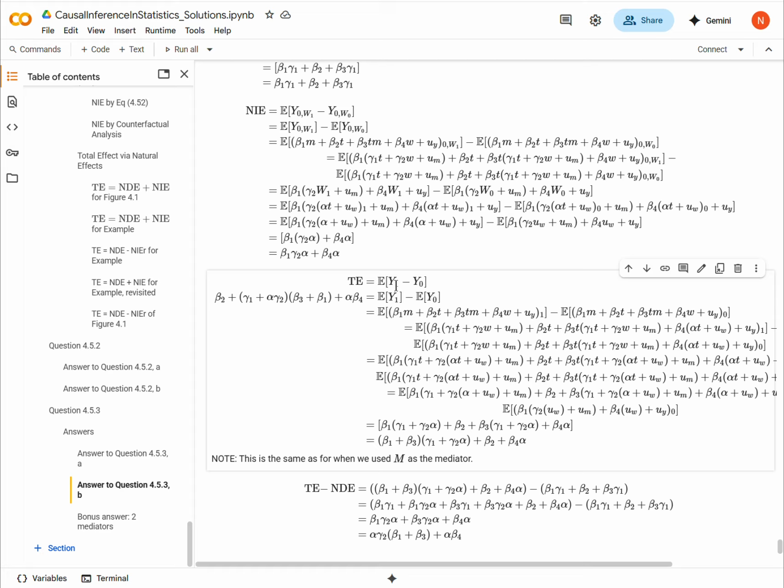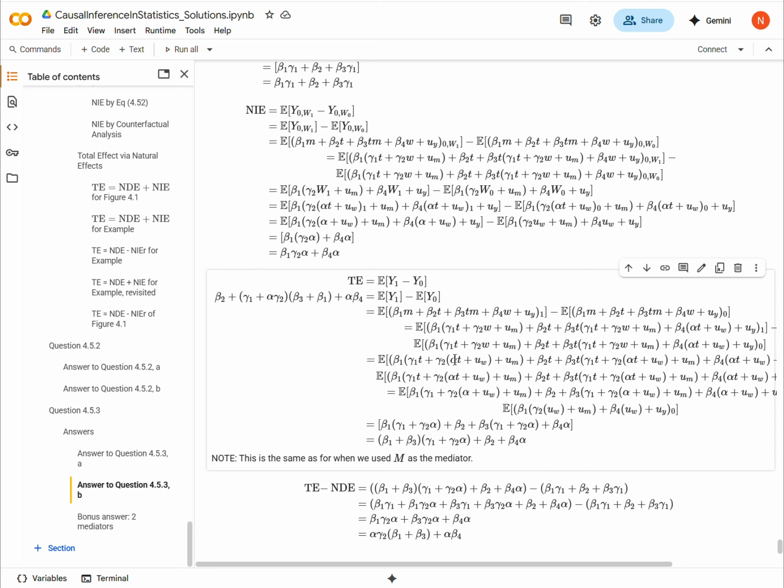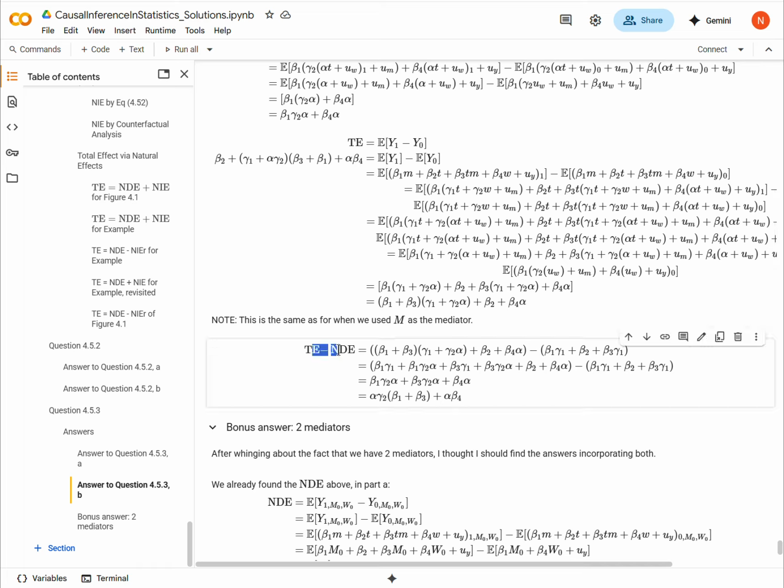Why? Because the total effect just allows these mediators to vary as they would. So we get the same answer for the total effect between the two. And again, TE minus NDE is just simple arithmetic, and we get an expression like this.